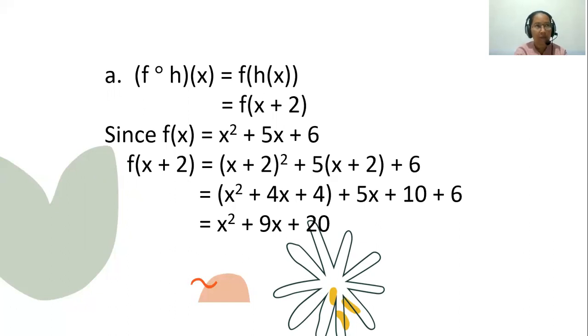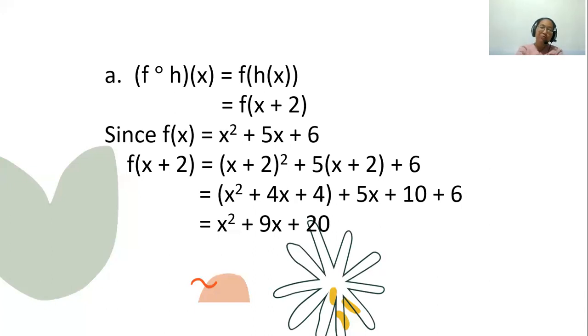So again, when performing operations on two or more functions, the result is a new function. For addition, subtraction, multiplication, and division, as you can see with the examples, we have a new function. In the case of composition of functions, this will entail a lot of substitution.